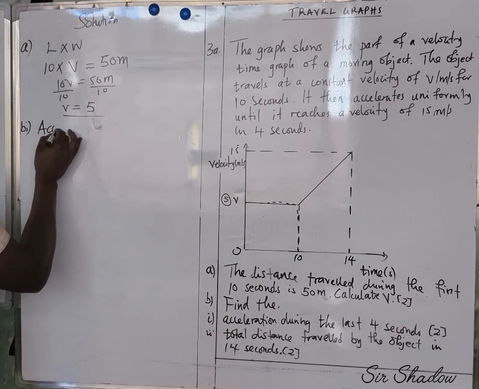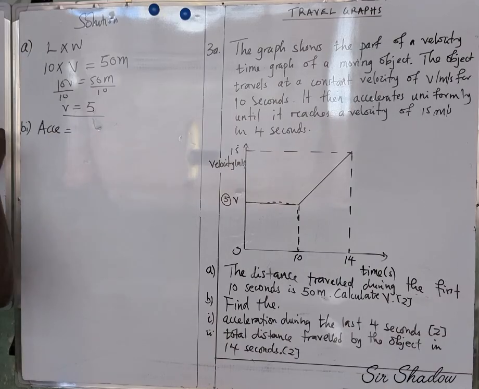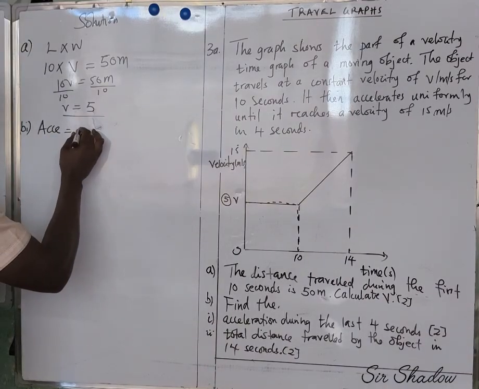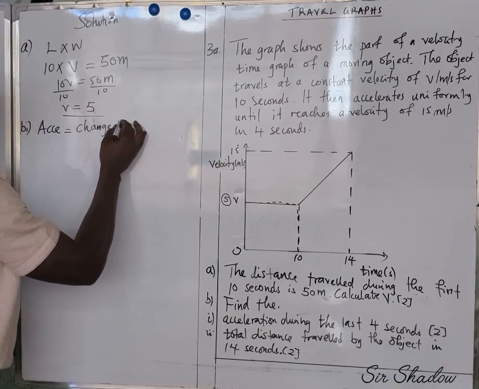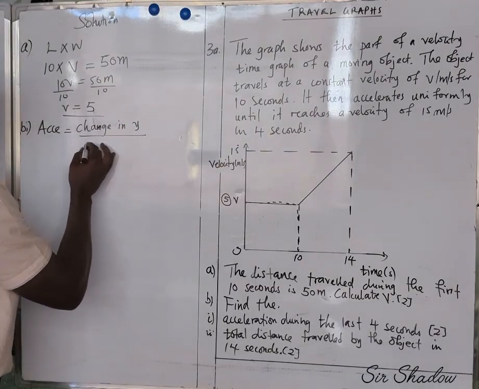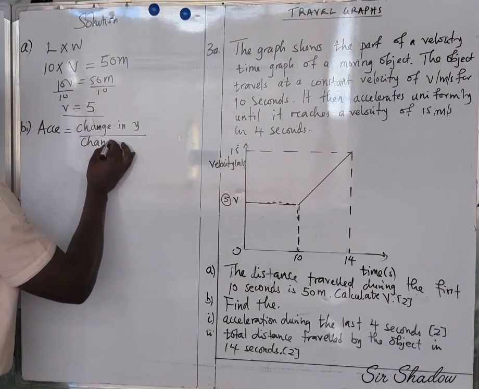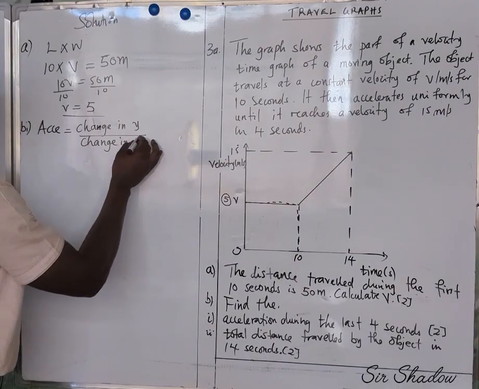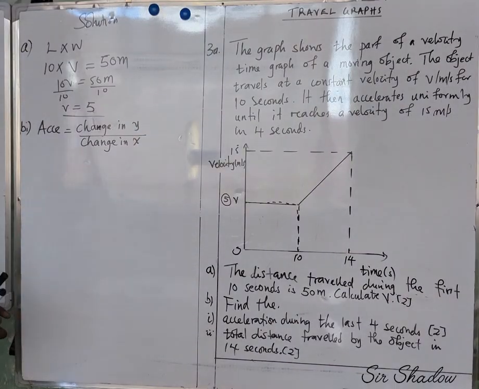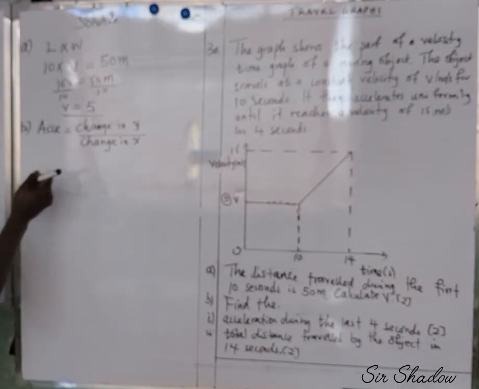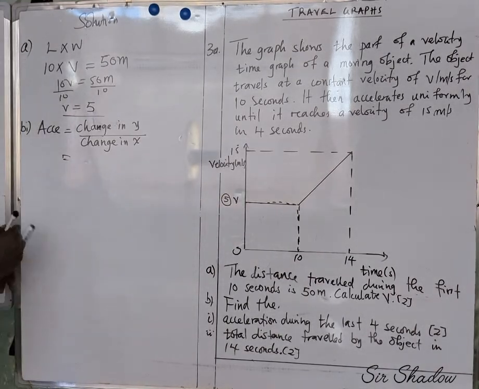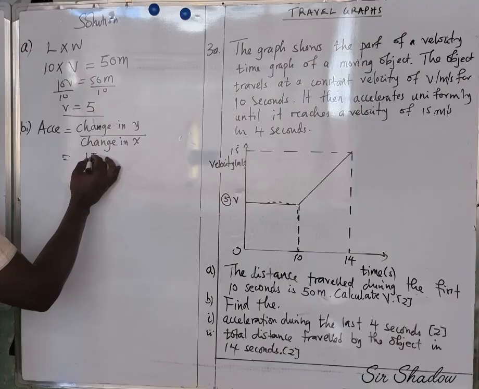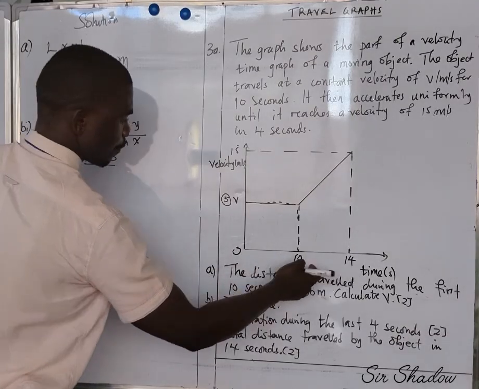So acceleration equals change in y over change in x. Simple substitution: for change in y, we just say 50 minus 5, over, to get 4 here, 40 minus 10.